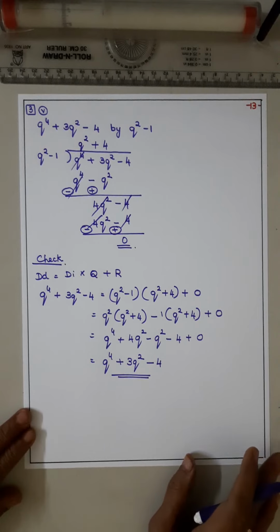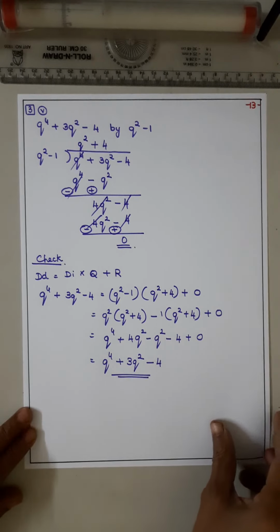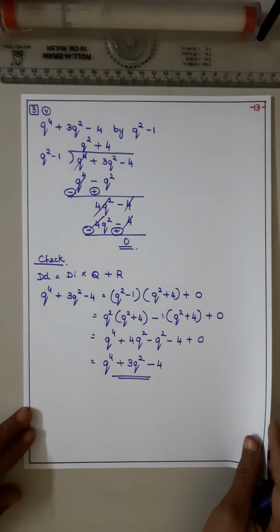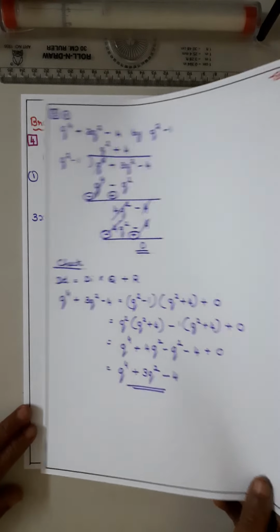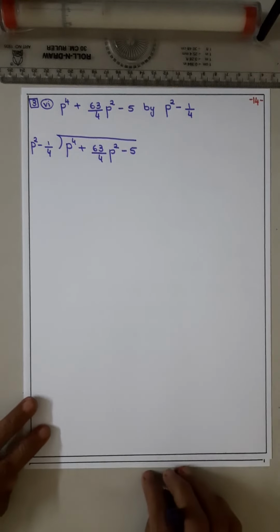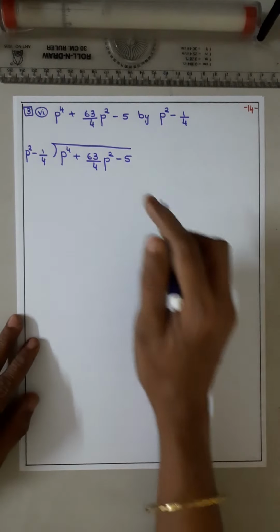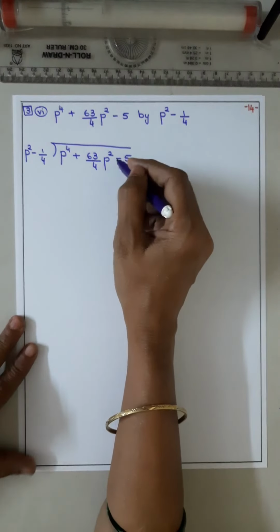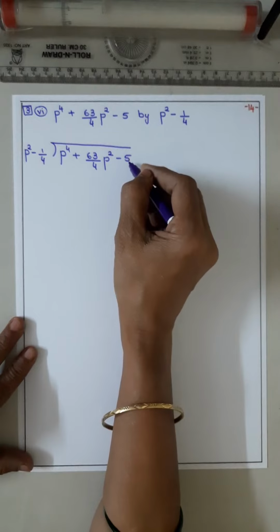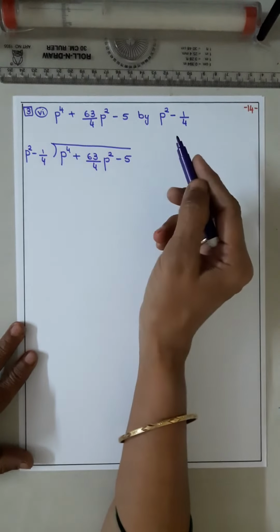Understood? It was the third question, fifth subdivision. Hope everyone understood. Now coming to the sixth sum: p to the power 4 plus 63 by 4 p squared minus 5 divided by p squared minus 1 by 4.